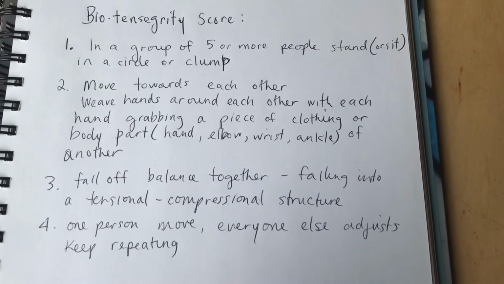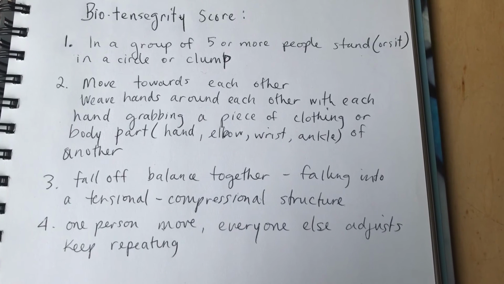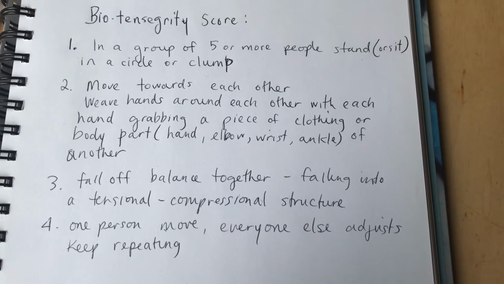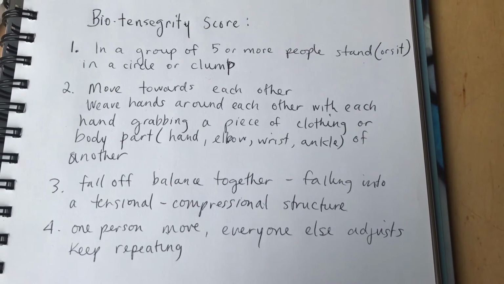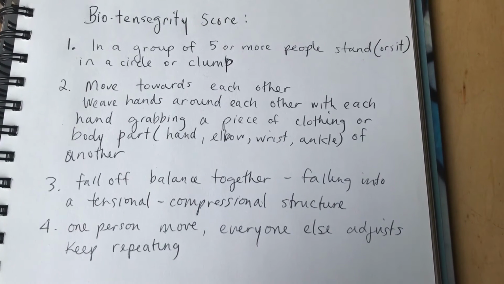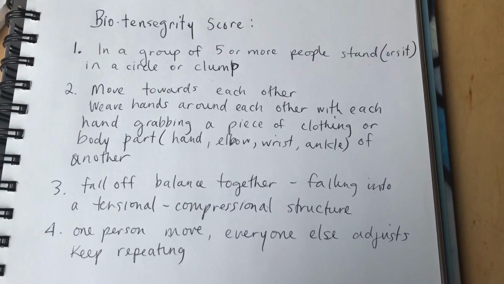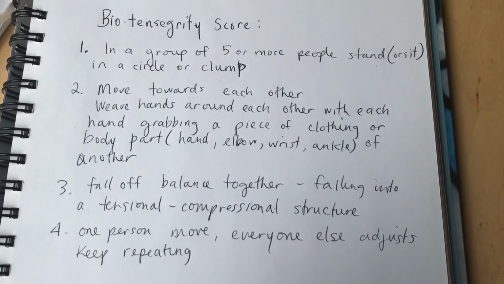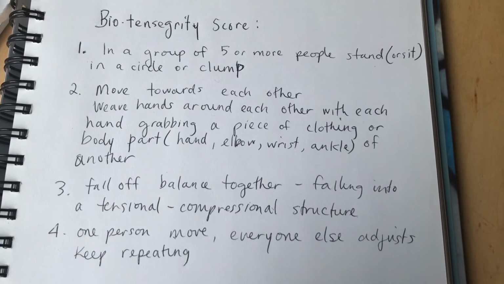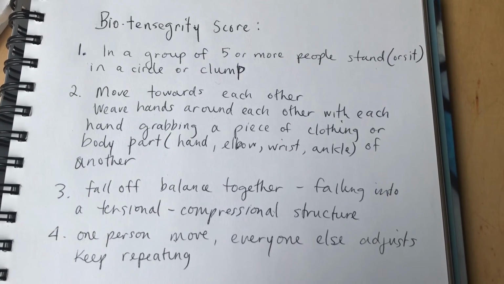Attend to each other. All together fall slightly off balance, away from each other. This is where the group snaps into a kind of tensional compressional unit that creates lines of tension and compression throughout the shared structure. And in number 4, play with one person moving and notice what happens to the structure or to the rest of the group.